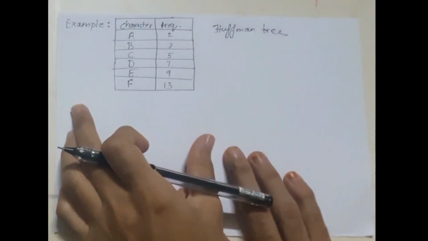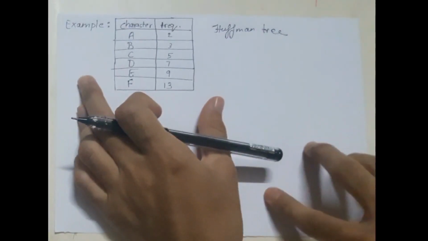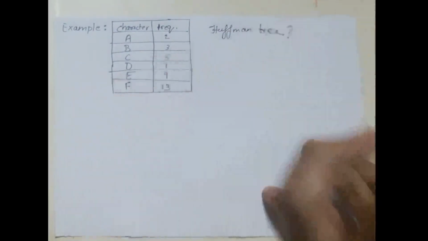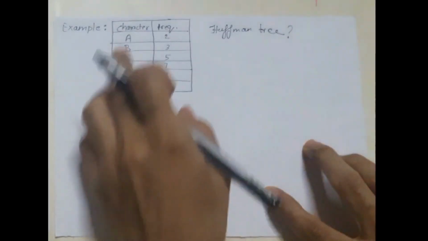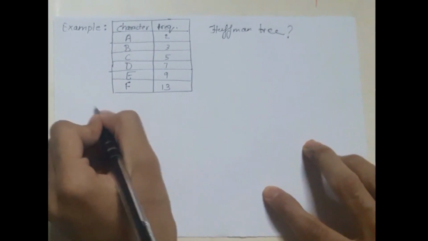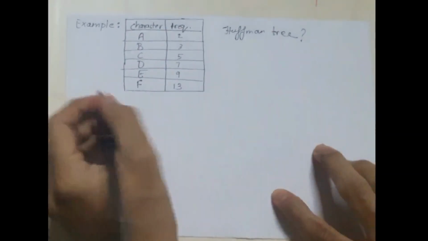Now consider this example. A table of frequency is given to you and you have to construct a Huffman tree from this table. In the first step, we'll arrange these characters in increasing order of their frequencies. Step 1.